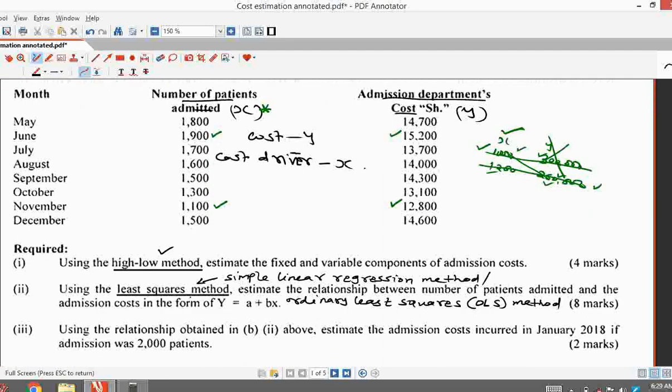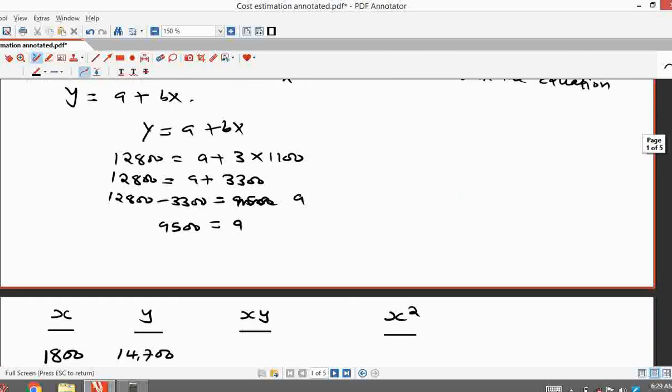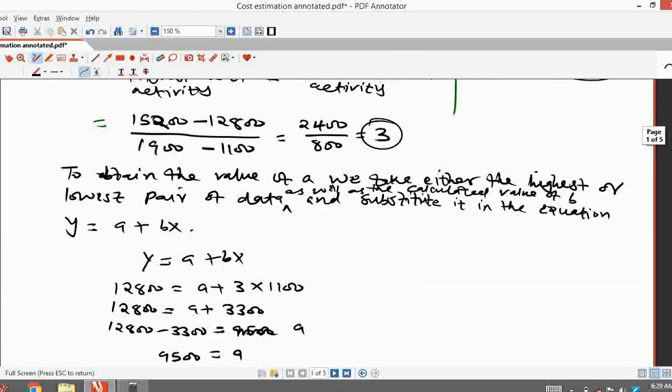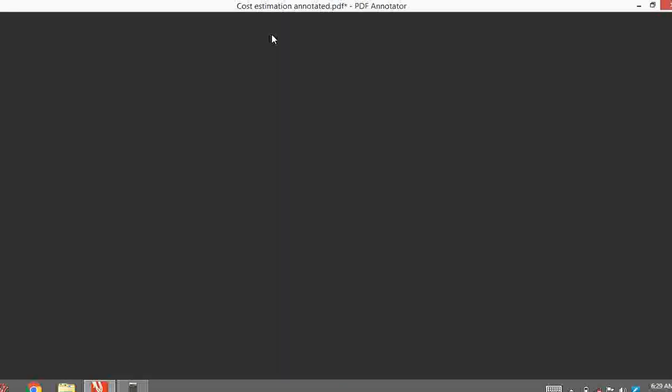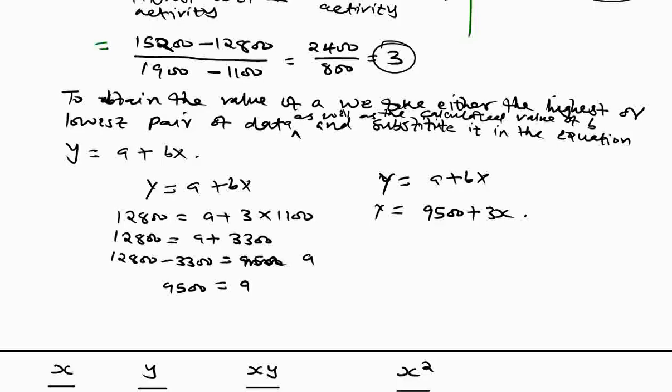The question wanted us to get the fixed component and the variable component of admission cost. We can first of all get the equation and say that y equals a plus bx, so that y equals a, that is 9,500, plus b, which is 3x. Good. So we now need to get the variable component and the fixed component.